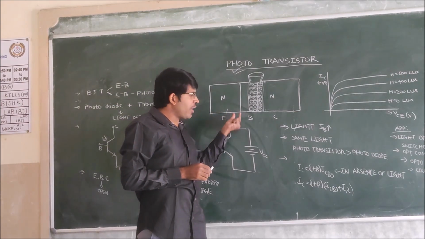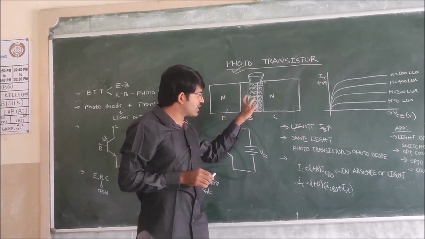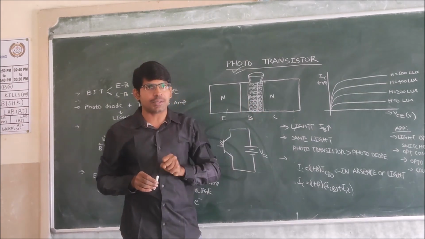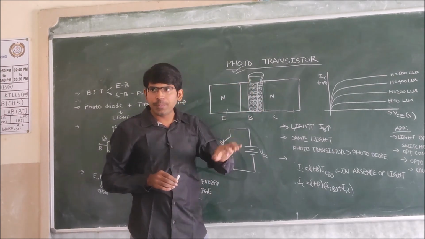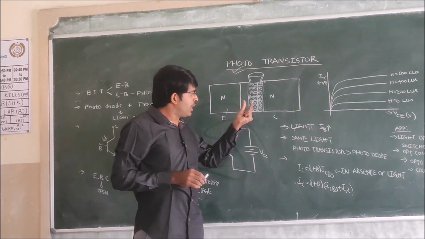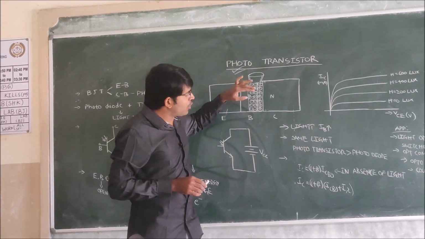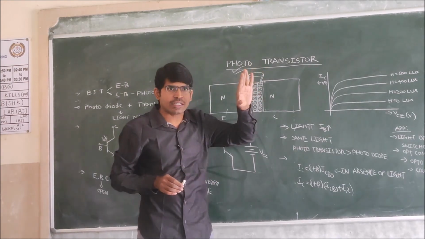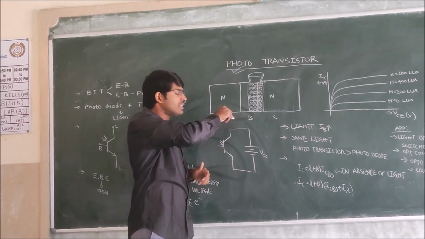Here we have two junctions: one is the emitter base junction and the second one is the collector base junction. We are trying to replicate the action of the photodiode in the base collector region, meaning we want to use this base collector region as a photodiode.